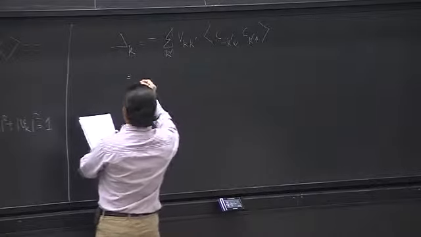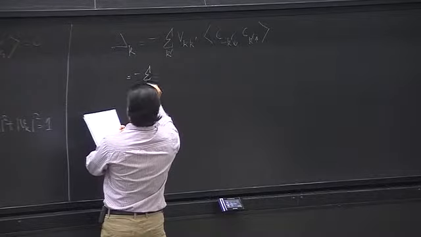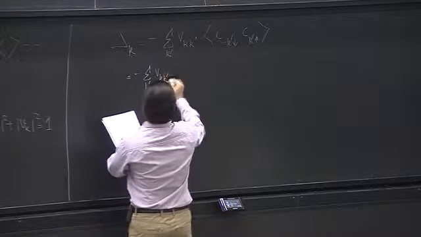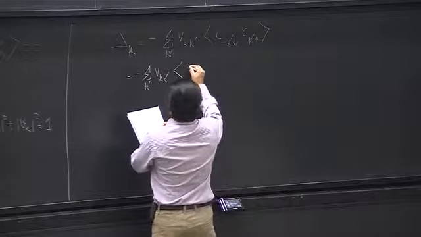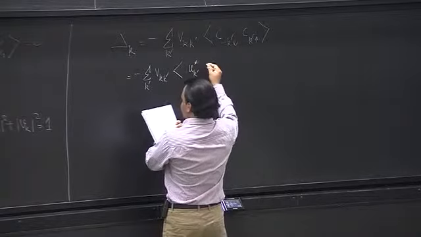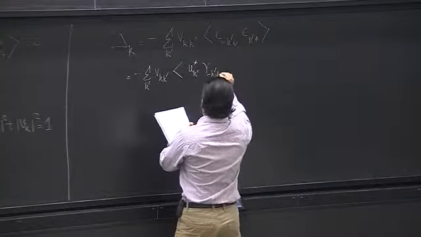So you can show that in terms of the new operators, you can write these c operators in terms of gamma operators. And this now will involve the BCS coherence factors.